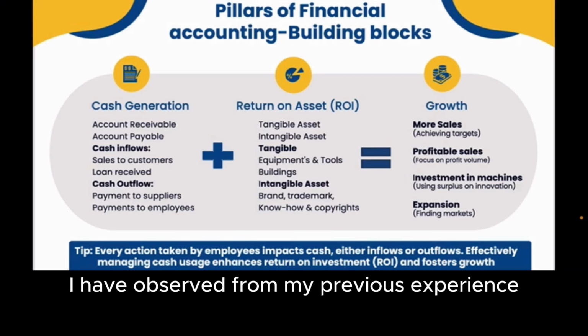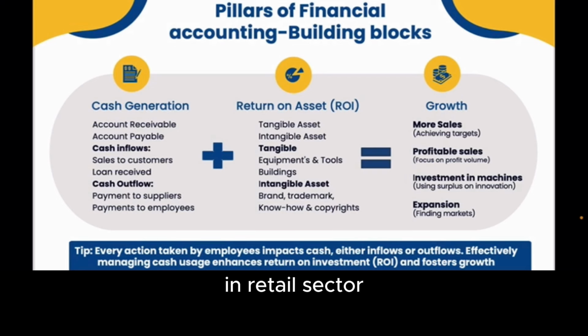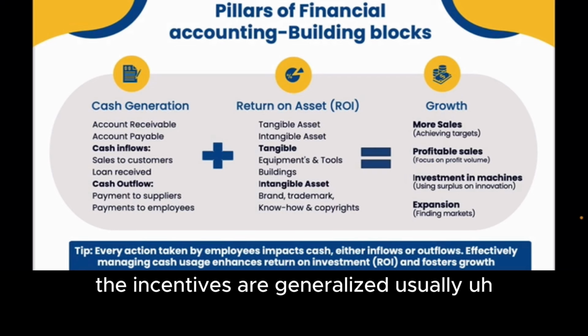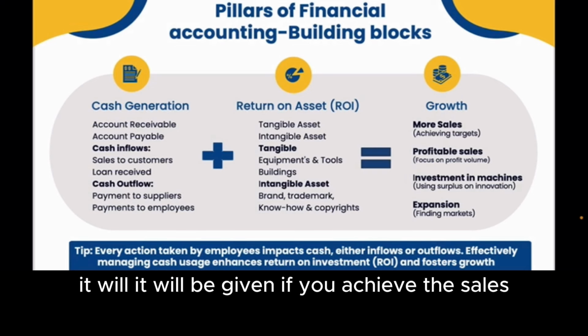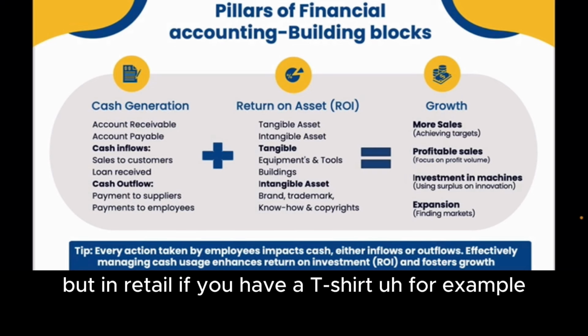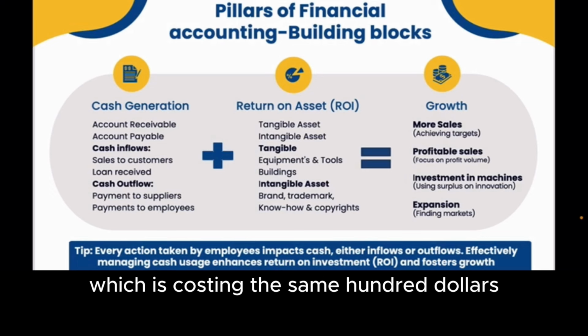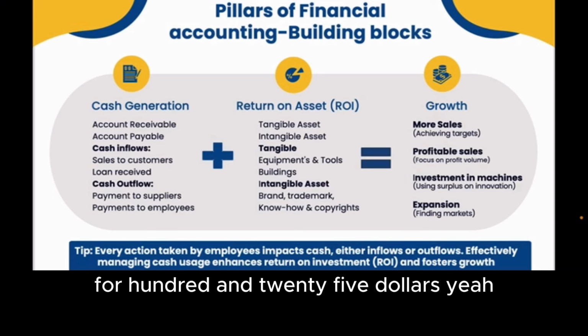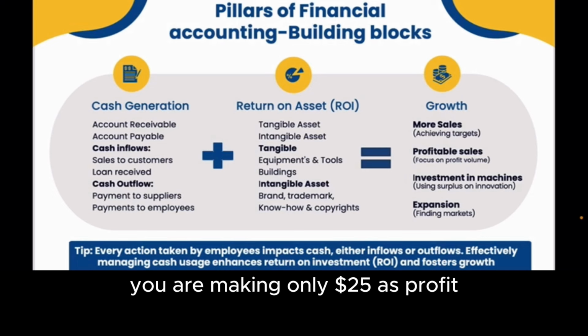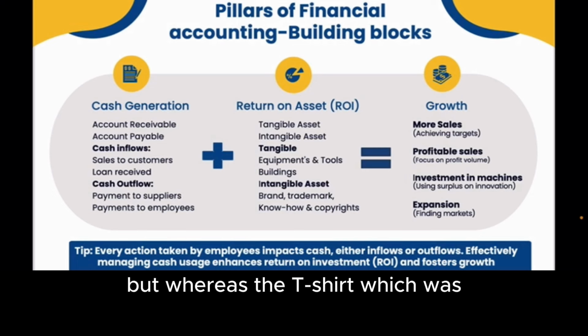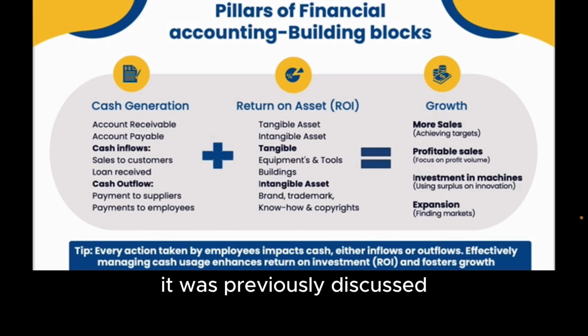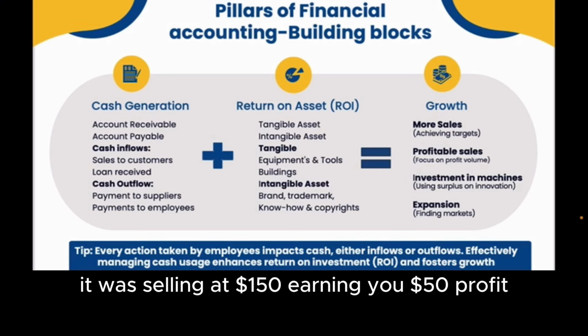For example, I have observed from my previous experience in the retail sector that incentives are usually generalized. They will be given if you achieve the sales. But in retail, if you have a T-shirt, for example, at a cost of $100 and you're selling it at $150, and there's another T-shirt which costs the same $100 and you're selling it for $125, here you are making only $25 as profit, whereas the T-shirt which was previously discussed, selling at $150, earns you $50 profit.